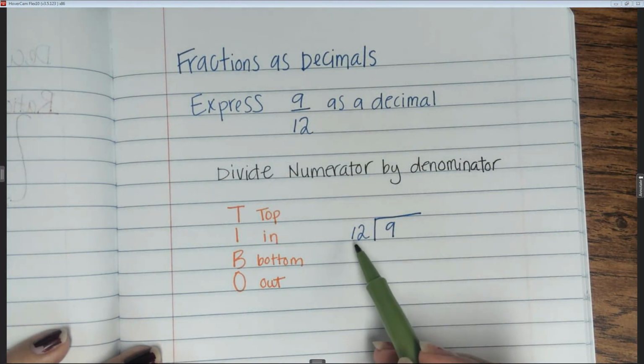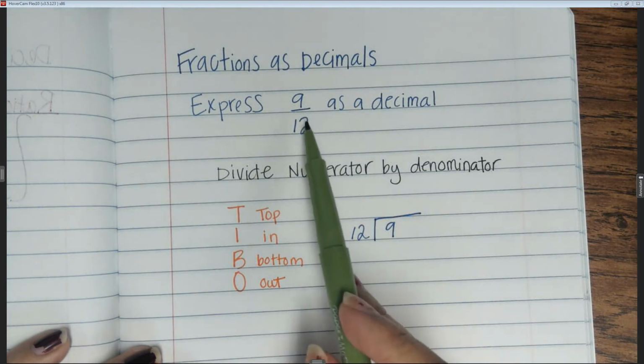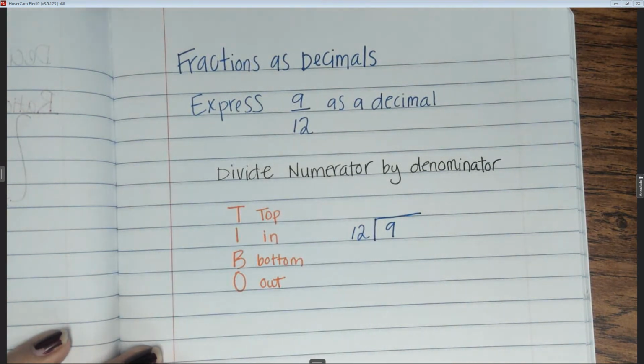So I'm going to ask myself, how many groups of 12 are in the number 9? Well, I know that I can't have any. There are not enough, right? One of the reasons why I know that is because 9/12 is a fraction, and this fraction is less than the number 1. So I know my decimal is going to be less than 1.